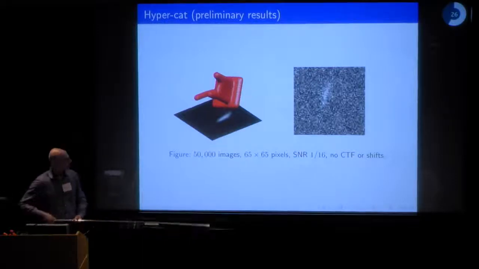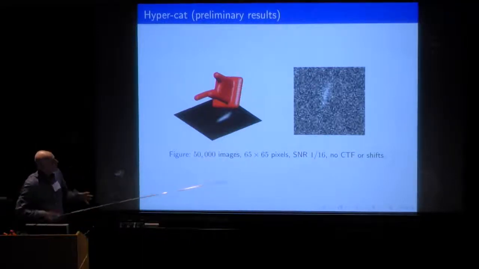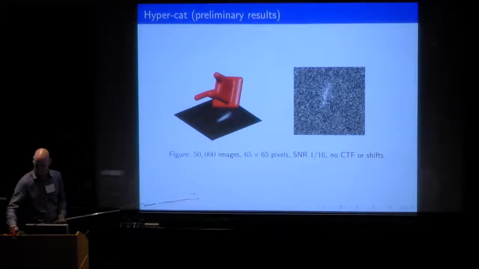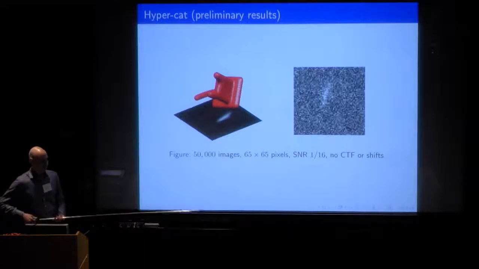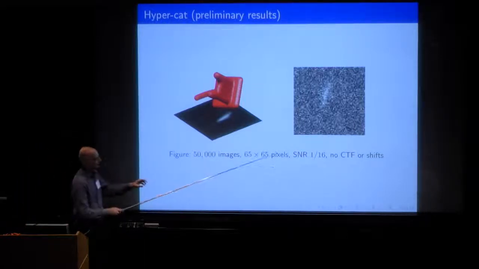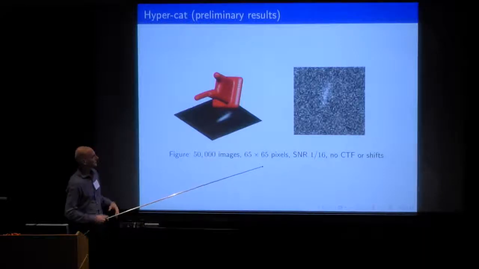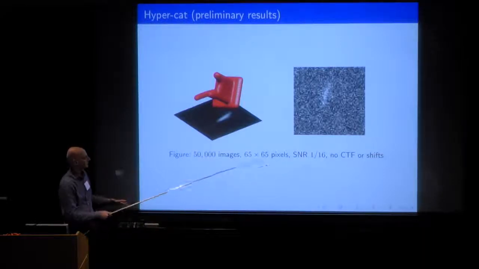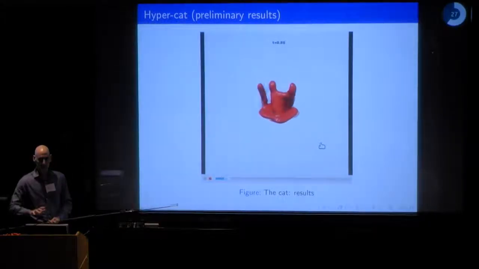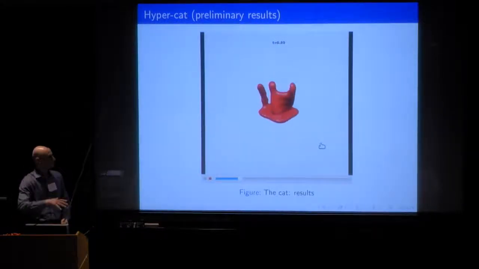So we took this idea, and these were the original experiments we did with it, which is where the cats come from. We had these 50,000 cats. We didn't do this with the CTF and so on, but there was a lot of noise. We took these 50,000 cats and threw them into a machine, with new algorithms that I won't talk much about.